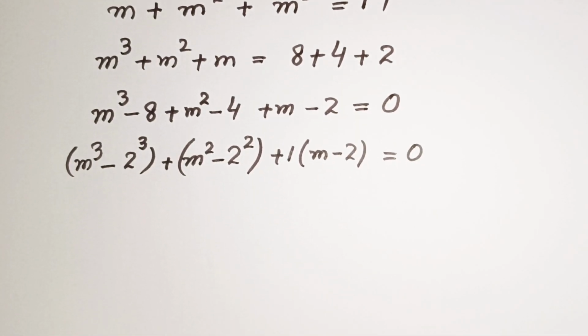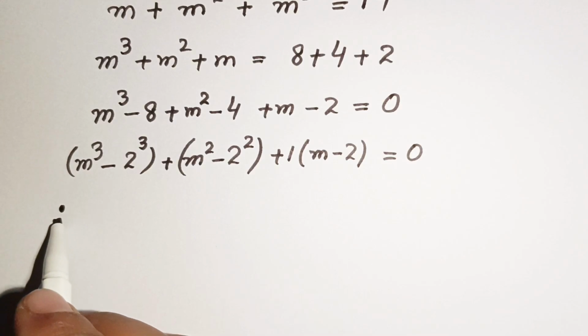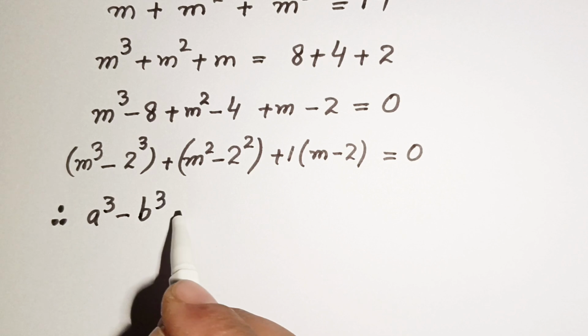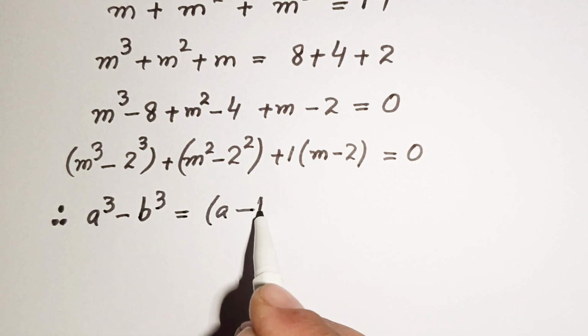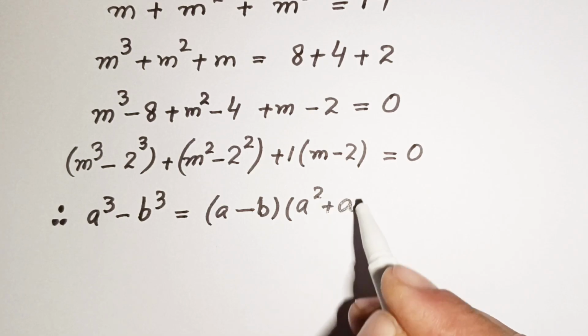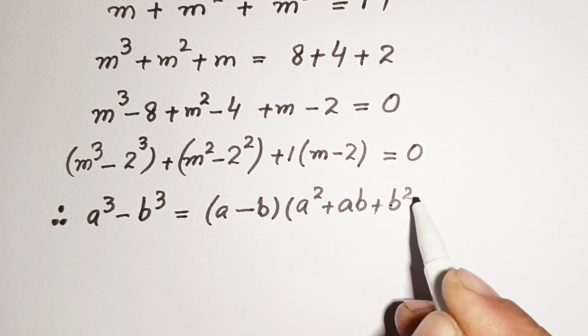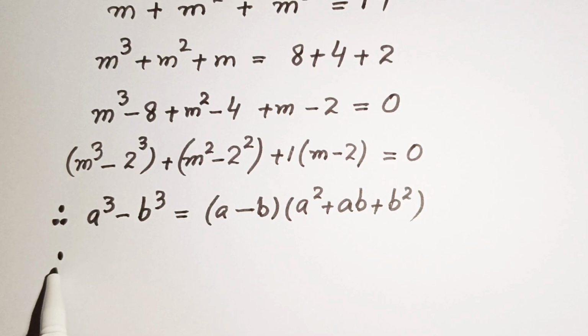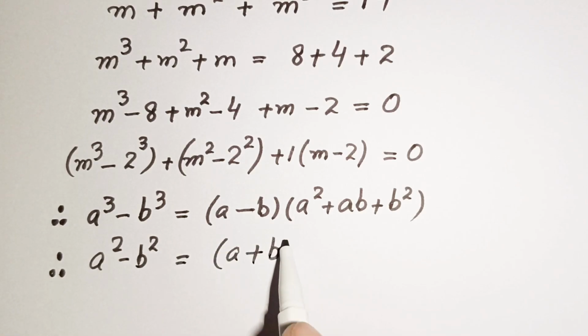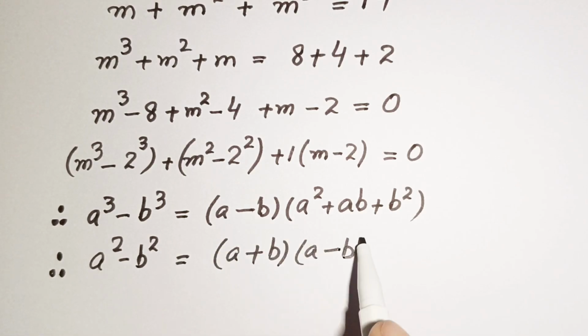Now we are going to use algebraic formulas. As we know, if we have a cubed minus b cubed, that is equal to a minus b times a squared plus a times b plus b squared. Similarly, we have another interesting formula, that is a squared minus b squared is equal to a plus b times a minus b.